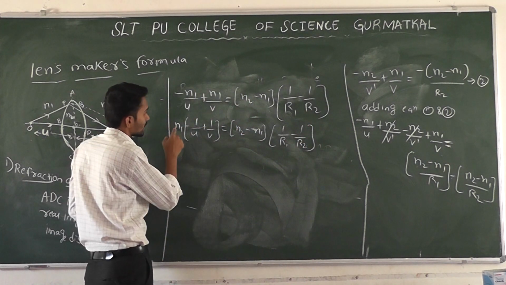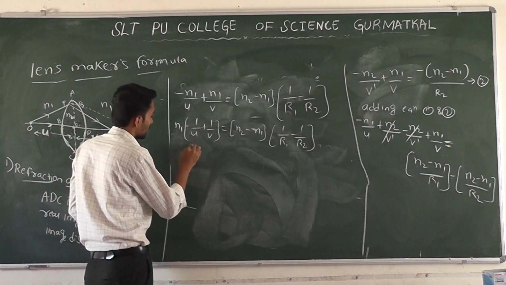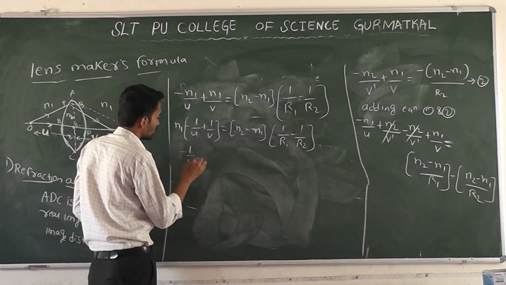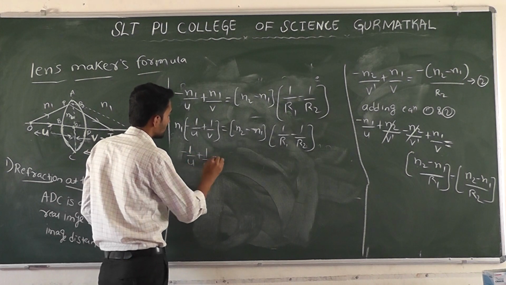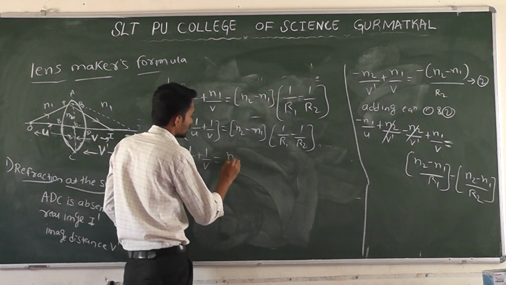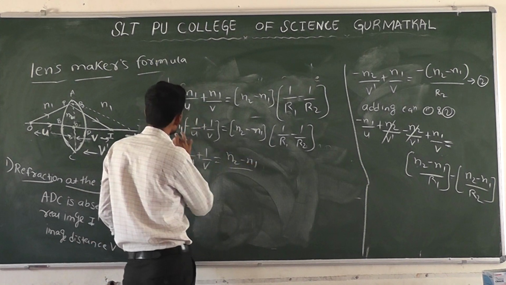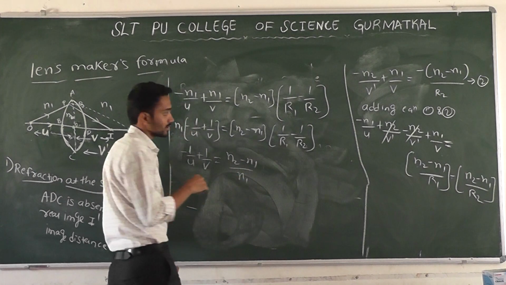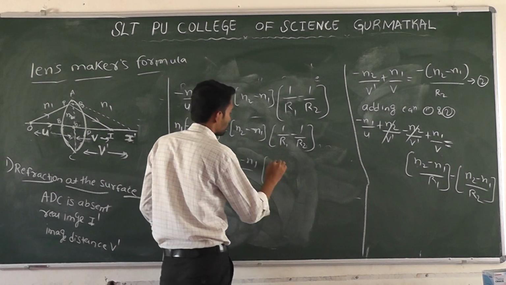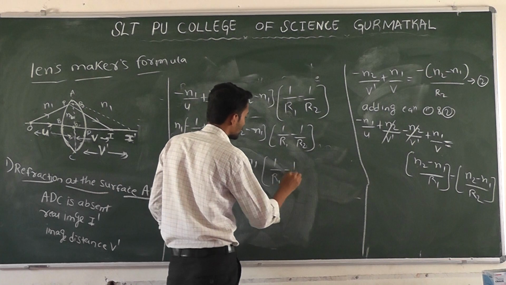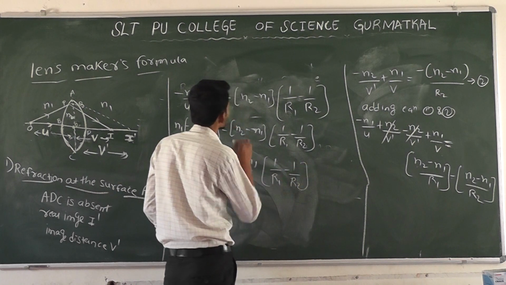Next, taking the n1 term to this side: minus 1 by u plus 1 by v is equal to n2 minus n1 by n1. The remaining term is 1 by R1 minus 1 by R2.